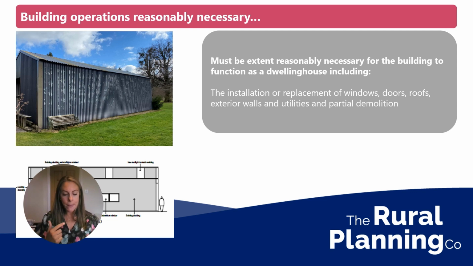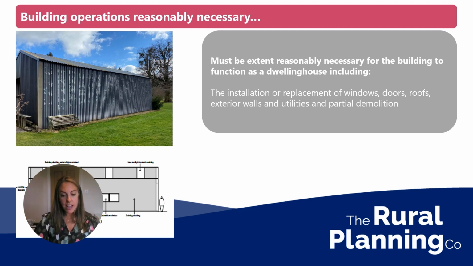So there was a case that went all the way through to the Court of Appeal, or the High Court, one or the other, and that is called the Hibbett case. The Hibbett case has now become very widely recognised case law about this point of what is reasonably necessary.